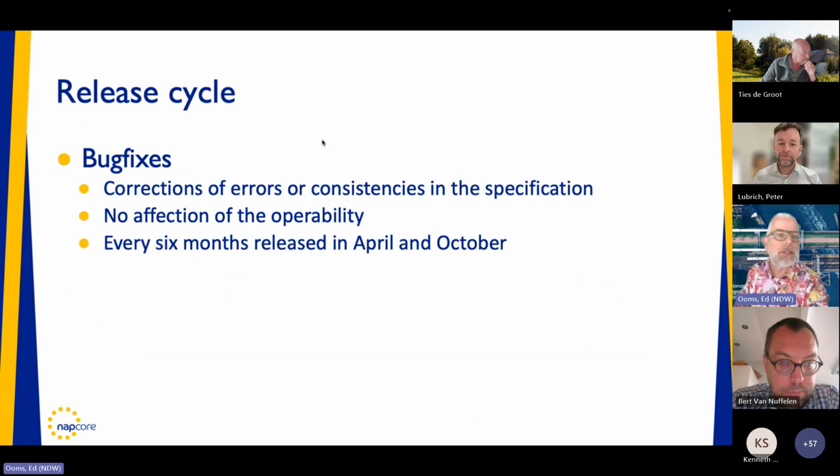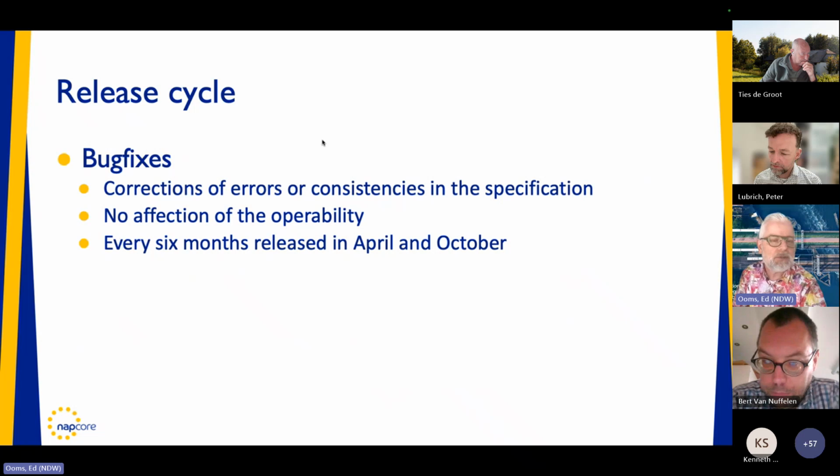For the releases, there are bug fixes: little corrections of errors or inconsistencies in the specifications. They do not affect operability, and they will be released every 6 months, in April and October. So last October the 1.0.0 version of mobilityDCAT-AP was released, and last April we released the 1.0.1 version.